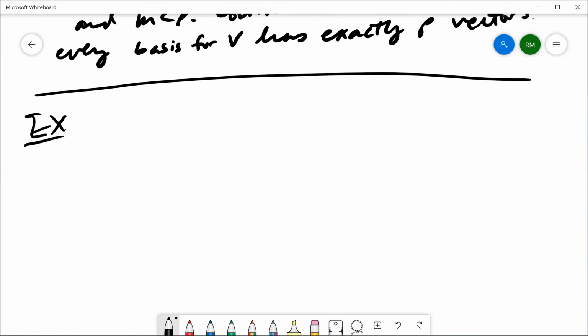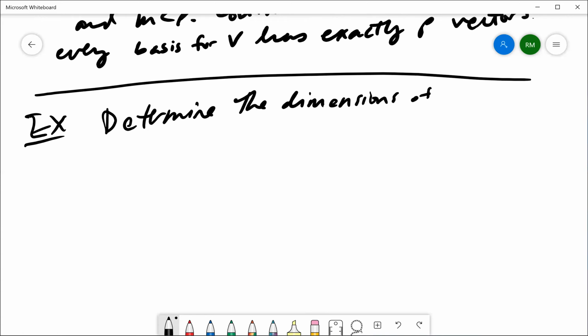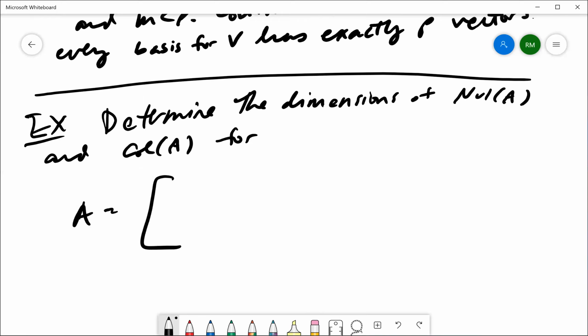So I want you to determine the dimensions of the null space of A and the column space of A for this matrix.